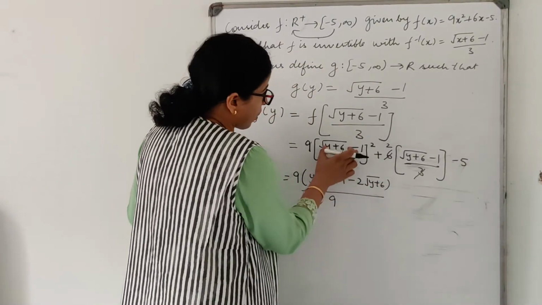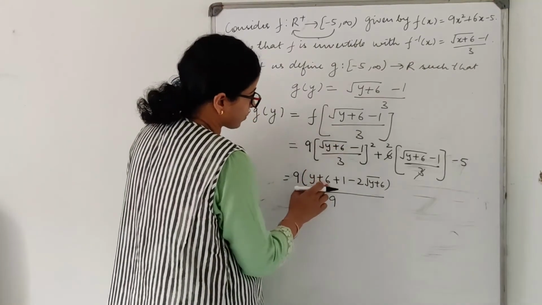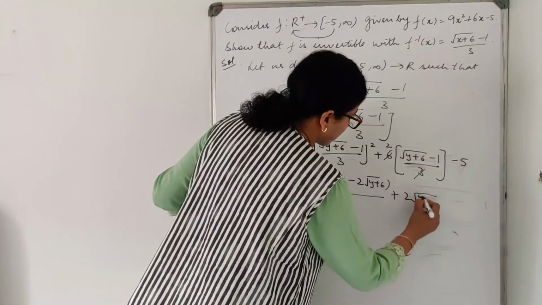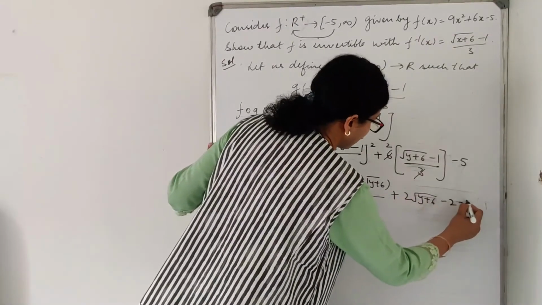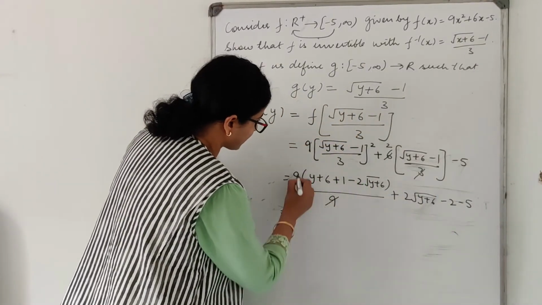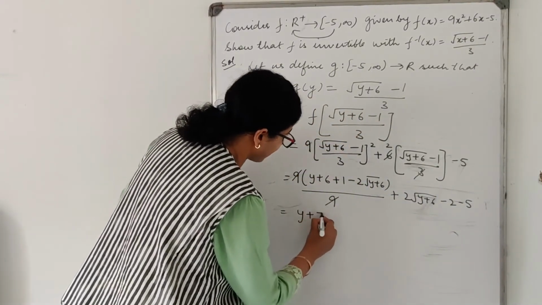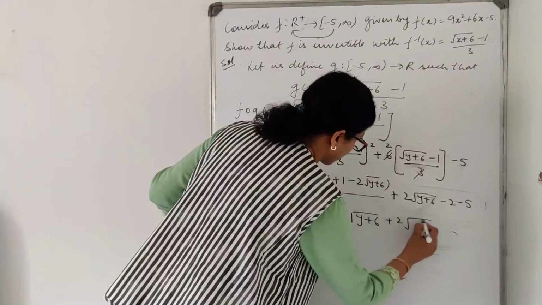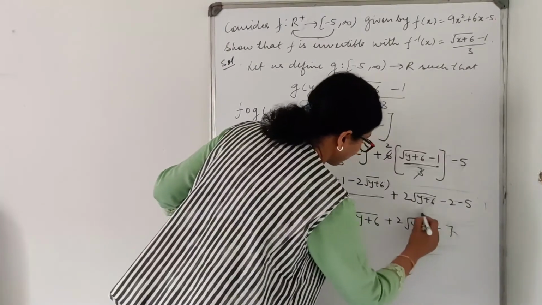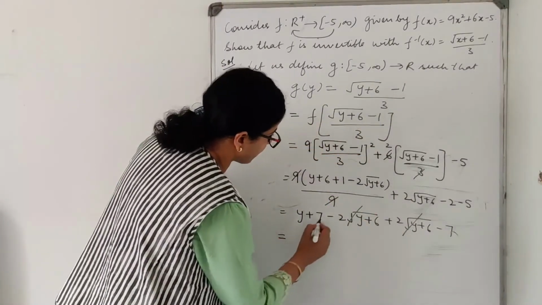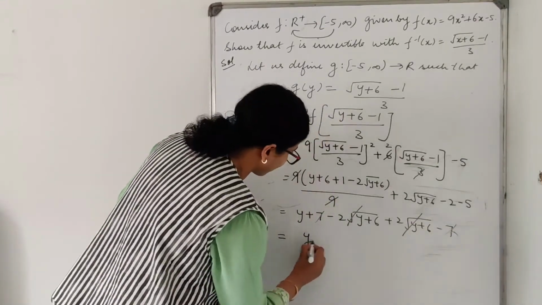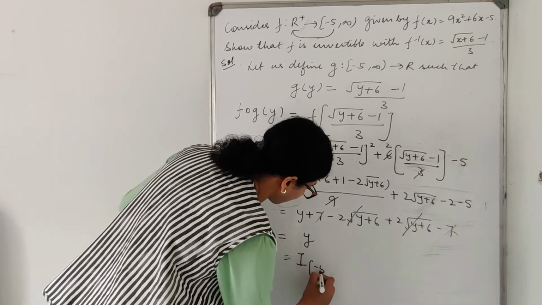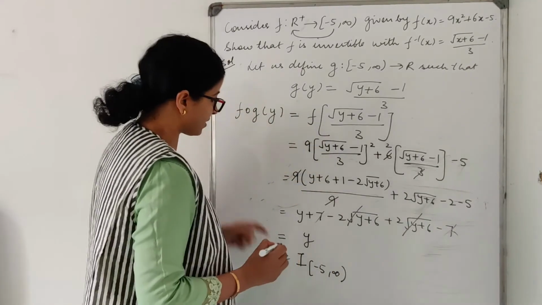On the top I have used (a − b) whole square, so a square plus b square minus 2ab, plus 2√(y+6) − 2 − 5. I can cancel this 9 and 9 now. So y + 7 − 2√(y+6) + 2√(y+6) − 7. Cancel this part and this part, right? 7 and 7 will also get cancelled. So I am left with y, which is nothing but the identity for [−5, ∞). So this is the identity for g.